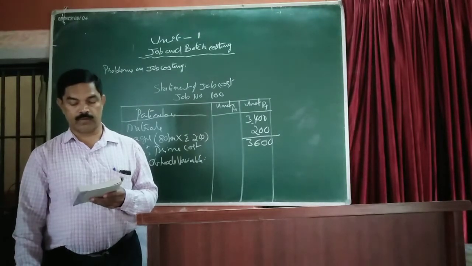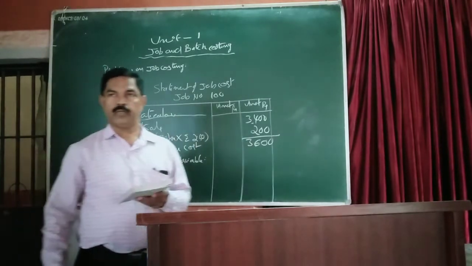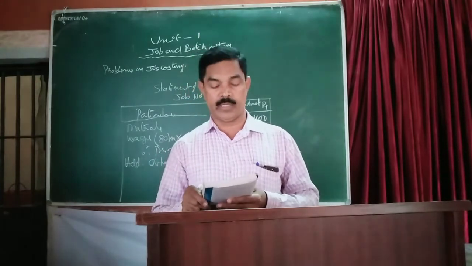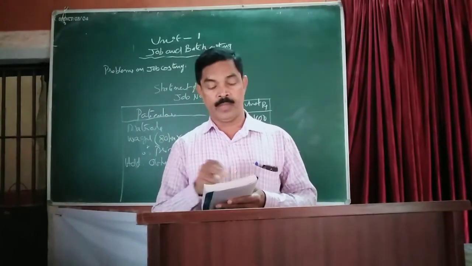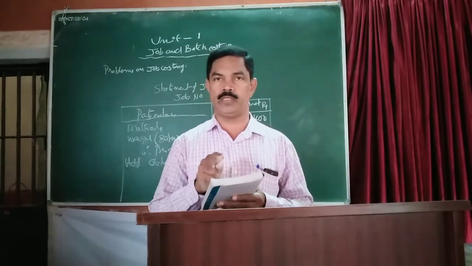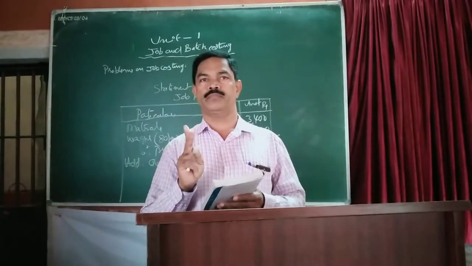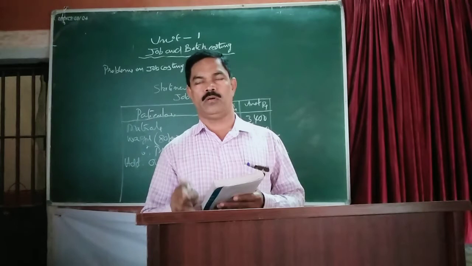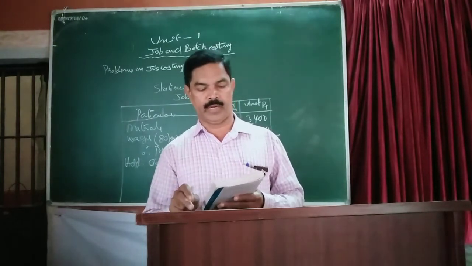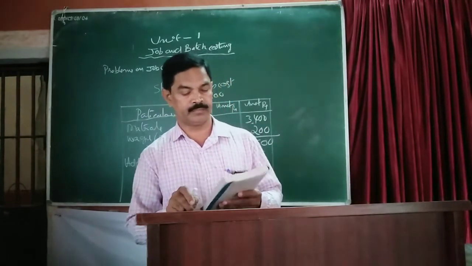So for this job, what is the total labor hours incurred? That you have to take into account. Wages are 80 hours at rupees 2.50 per hour, so for this job 80 hours of labor were incurred, for job number 100. Variable overheads are to be calculated on this basis.